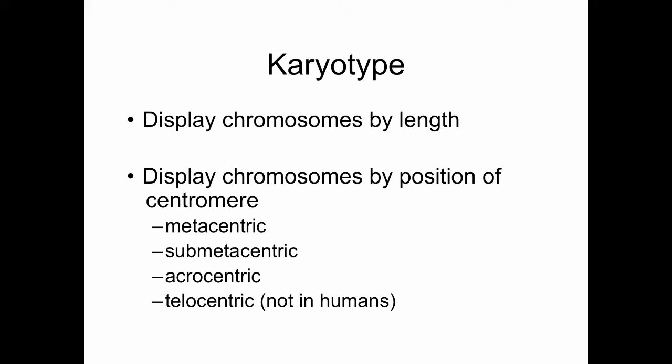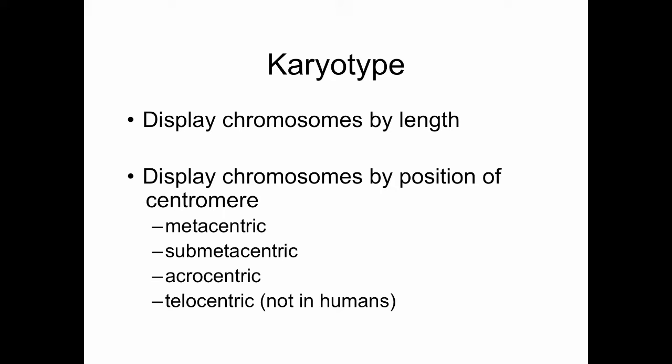So as we said, for a karyotype, you display the chromosomes by length, and you display the chromosomes by the position of the centromere. And we can talk about metacentric chromosomes, submetacentric chromosomes, acrocentric chromosomes, and telocentric chromosomes. Metacentric chromosomes, the centromere tends to be in the middle, and the arm lengths are about the same length.